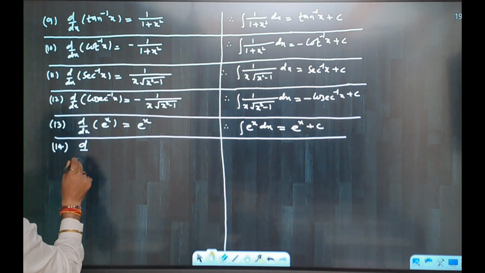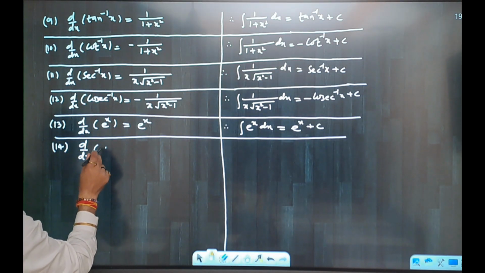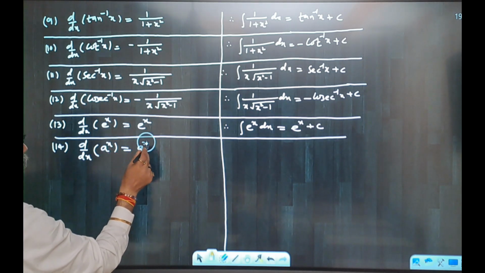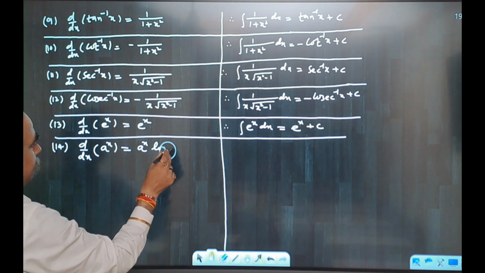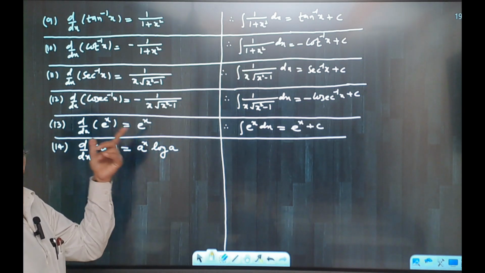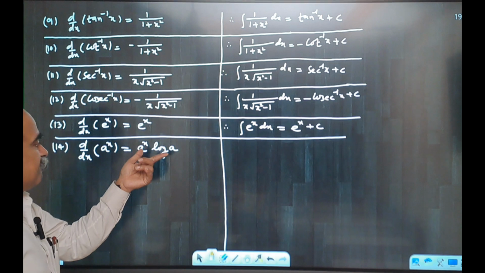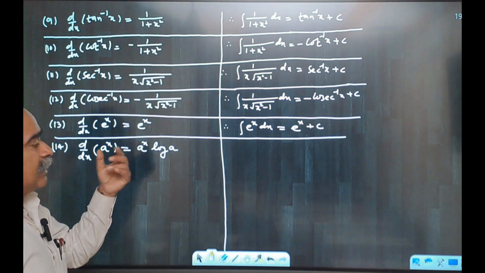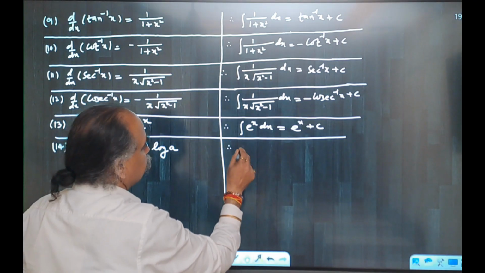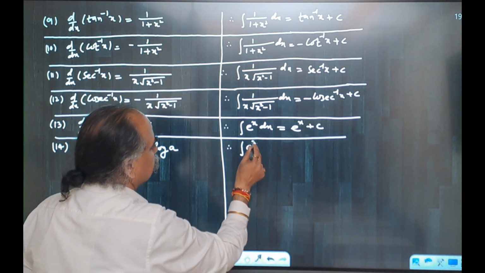Derivative of a raised to x is what? A raised to x log a. So integration of a raised to x log a is what? A raised to x. Log a will come outside and it will go in division that side. So integration of a raised to x is what?